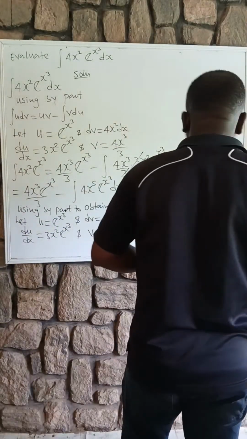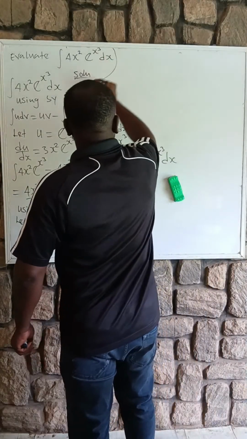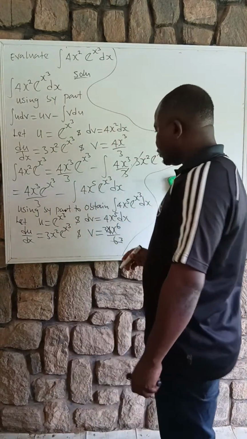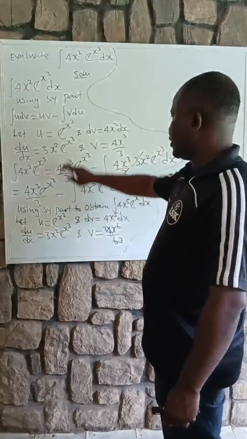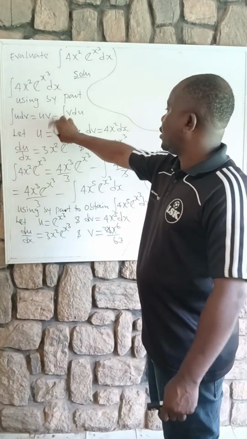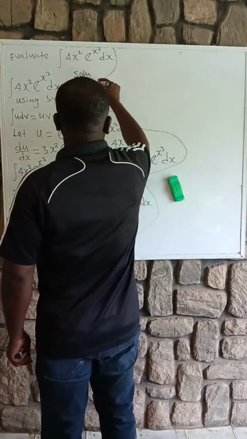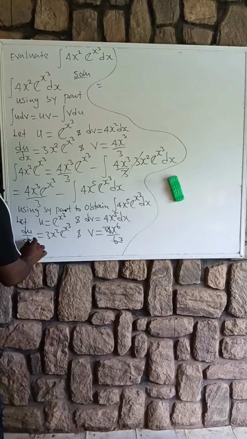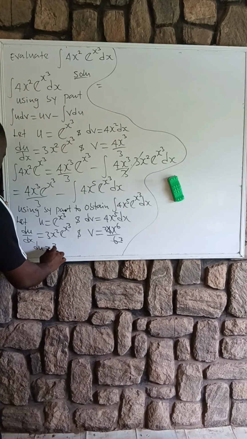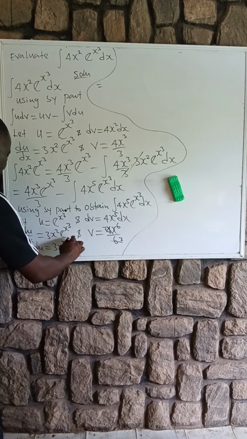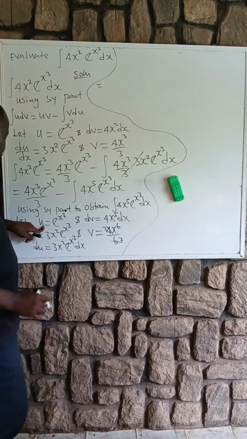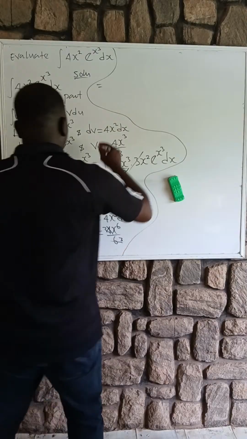So here we substitute into this formula. Let's obtain our du. du is supposed to be 3x squared exponential x raised to the power 3 dx. So our ordinary u is this, right?